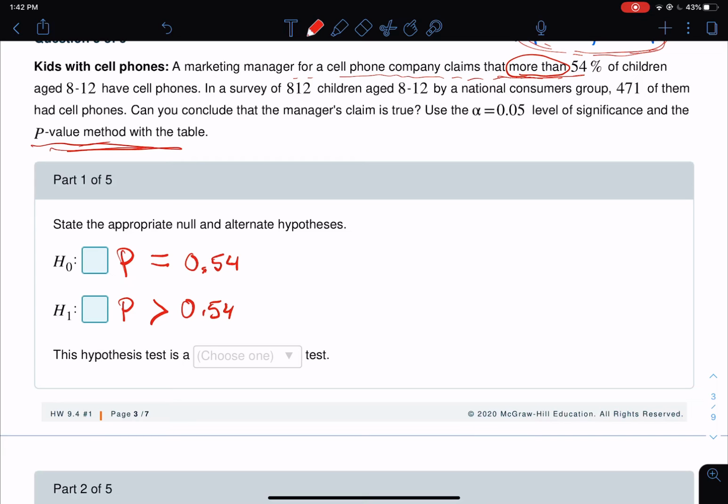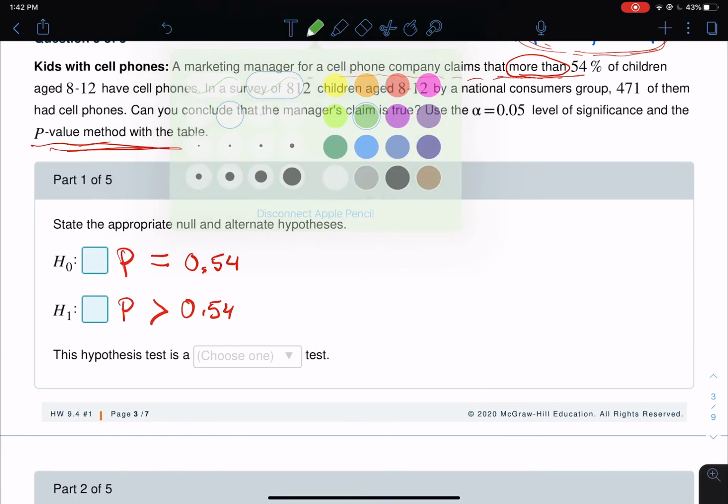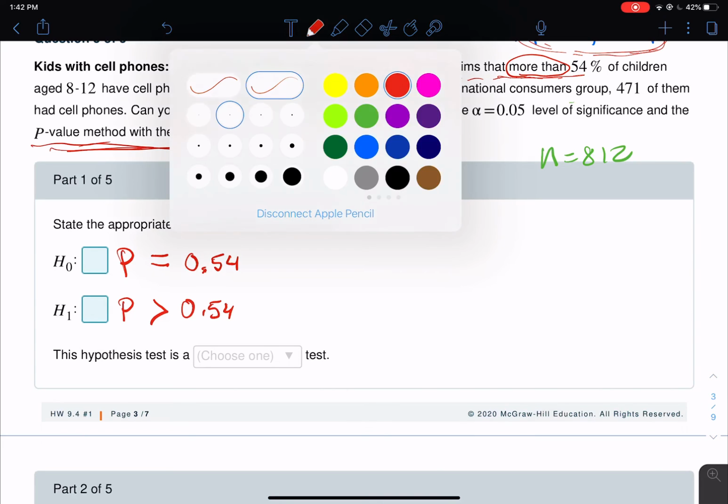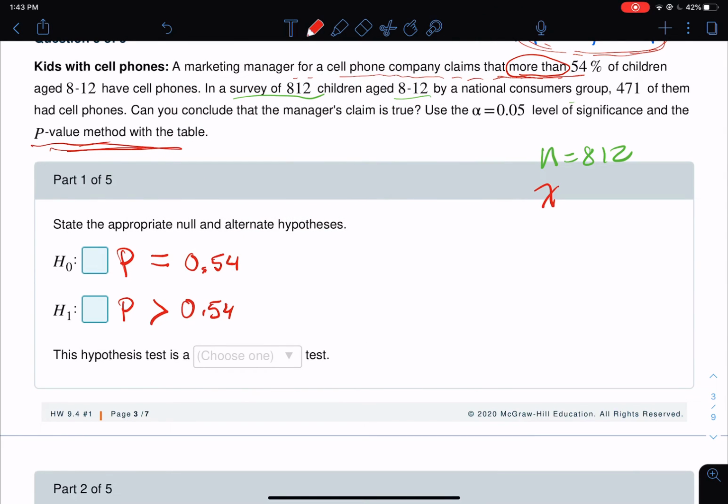Now we've got survey information: in a survey of 812 children between 8 and 12 by a national consumer group, 471 of them had cell phones. Remember, that is the criteria we're looking for, and 471 of them have it.